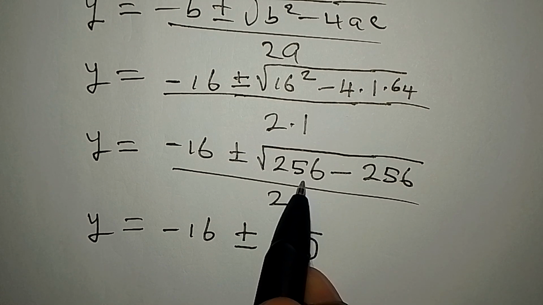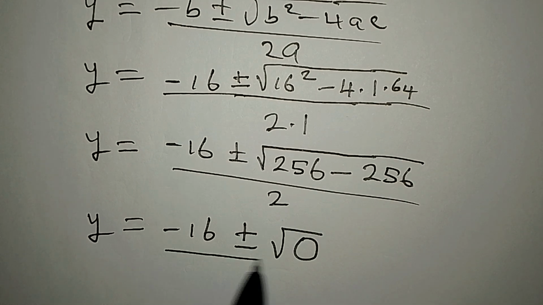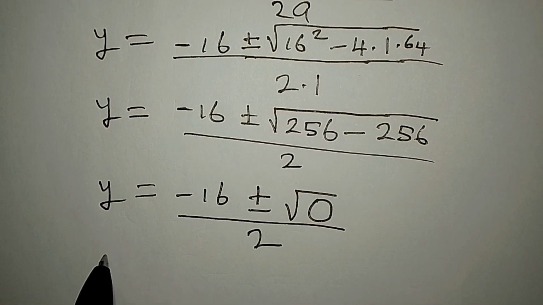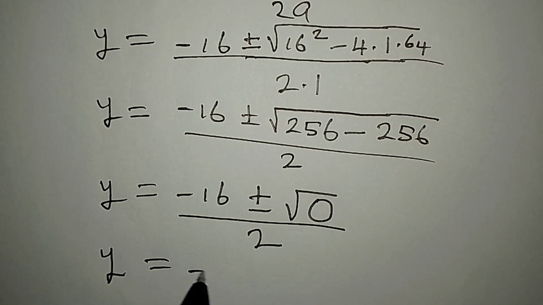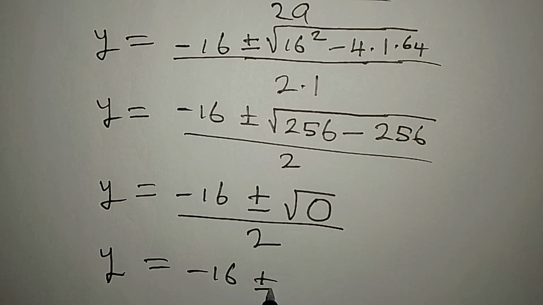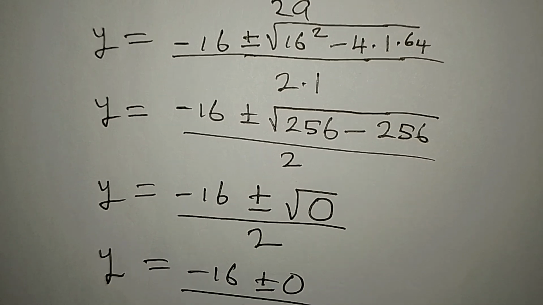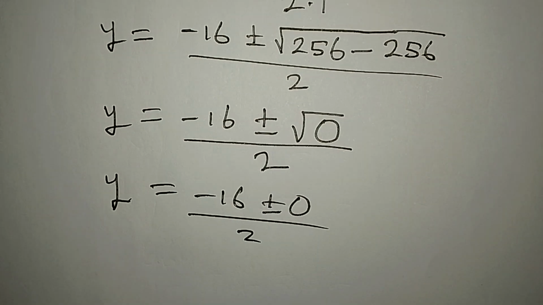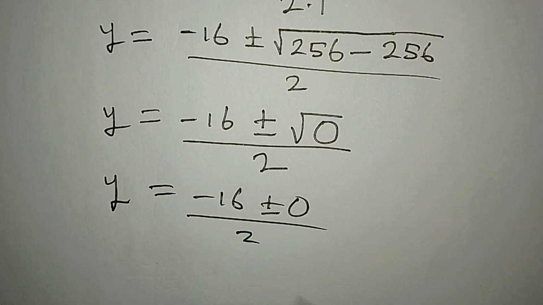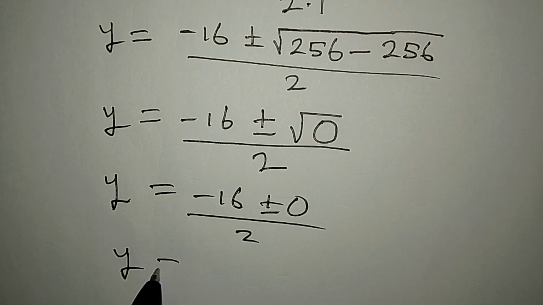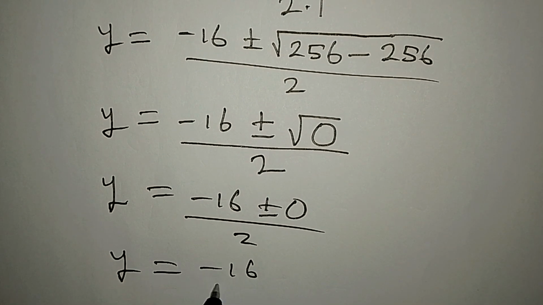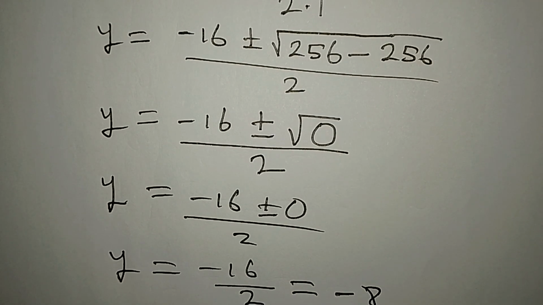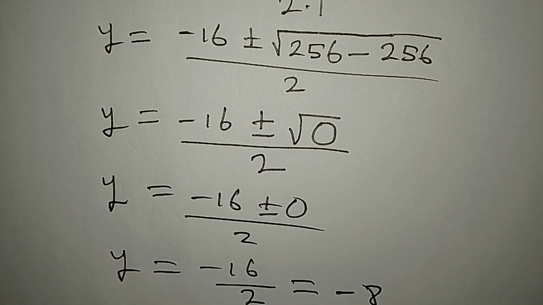Okay, because 256 minus 256 is 0, and this is all over 2, right? So this means that y is equal to minus 16 plus or minus square root of 0 over 2. Minus 16 plus 0 is the same thing as minus 16, and minus 16 minus 0 is the same thing. So y is equal to minus 16 over 2, right? And this is giving us minus 8.